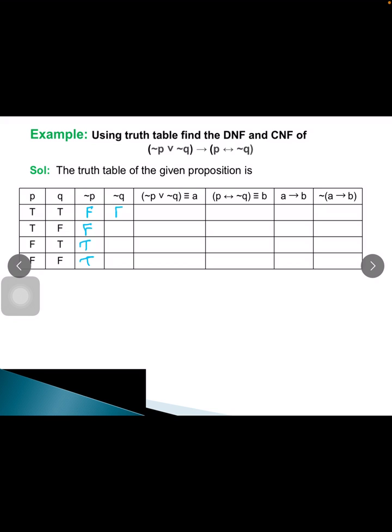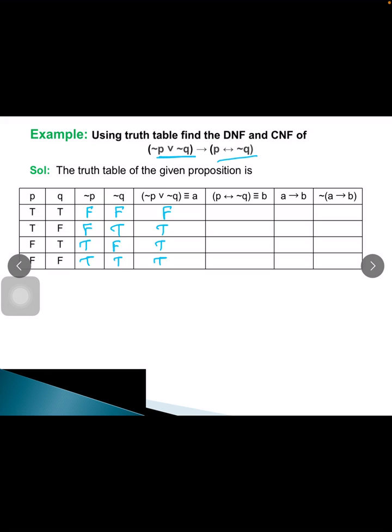True becomes false, false becomes true, true becomes false, false becomes true. After that we first calculate negation of P or negation of Q. That means false or false is false, false or true is true, true or false is true, true or true is true.